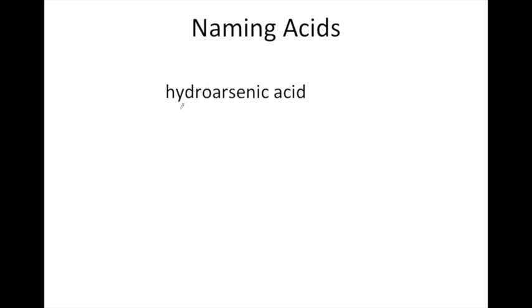Let's look at an example of this. Here we have hydroarsenic acid. So hydro, that tells us that we're going to have the H+ ion. We're going to start with that. And arsenic, that's going to give us the arsenide ion. And arsenide, we need to know that has a -3 charge. So hydrogen's a +1, arsenide is a -3. So we need 3 hydrogen ions in order to balance out our charges.